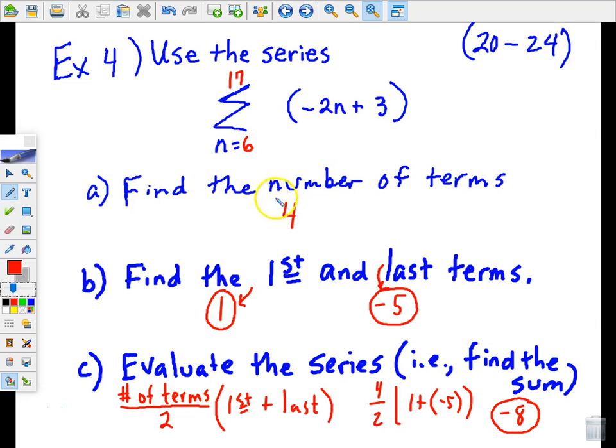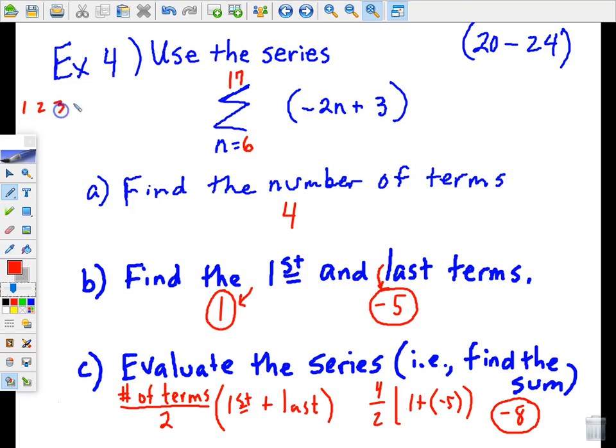Some people mistakenly, when they want to find the number of terms looking at summation notation, they just look at the top number and they write down that as their answer. Well, you got to be careful, because the bottom number affects the number of terms as well. Okay, let's just think of it this way.